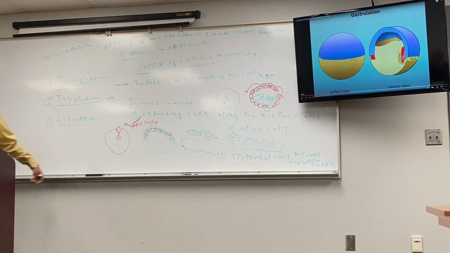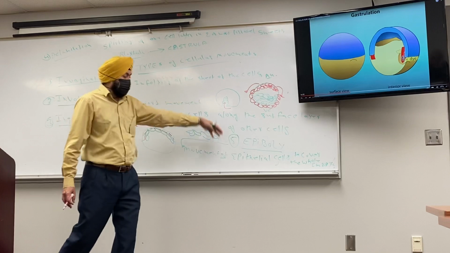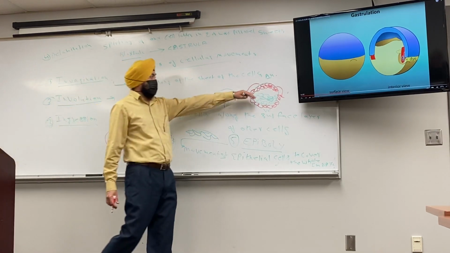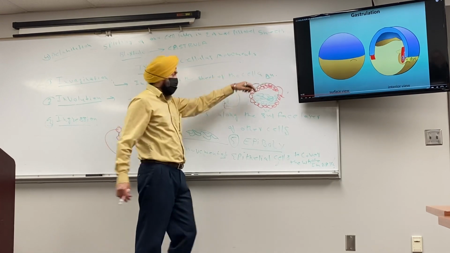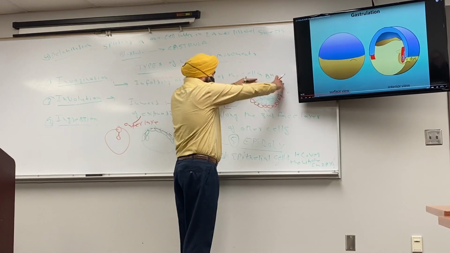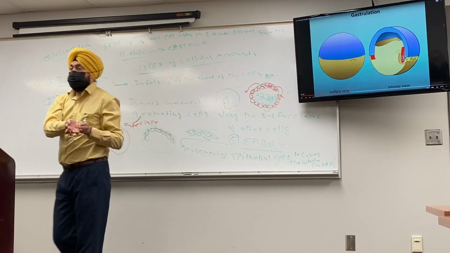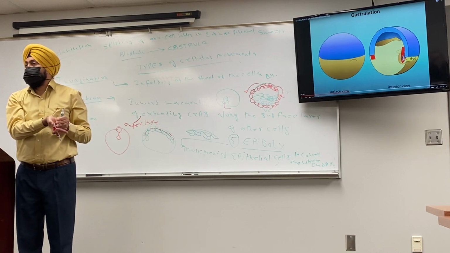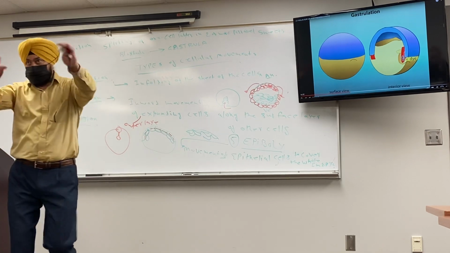And finally there is a movement called epiboly. In epiboly, the outer layer of cells, here the epithelial cells, start dividing and move around the embryo to cover the whole embryo. That is called epiboly. Making sense so far? Any doubt? Okay, so talk to each other for a second, then we'll go further.